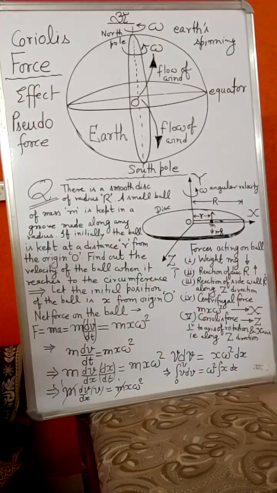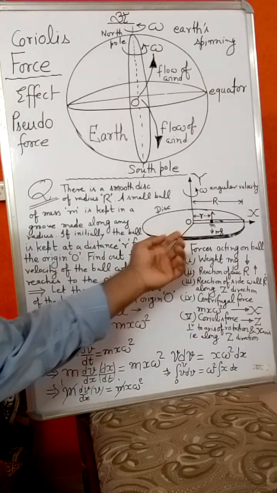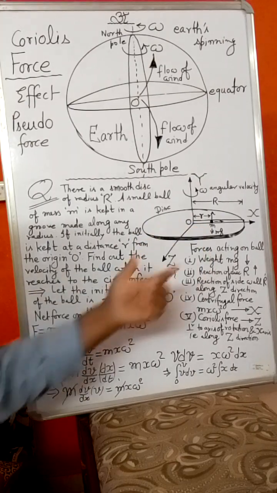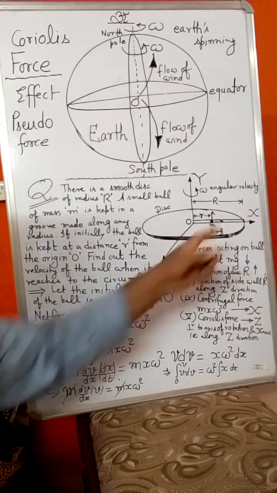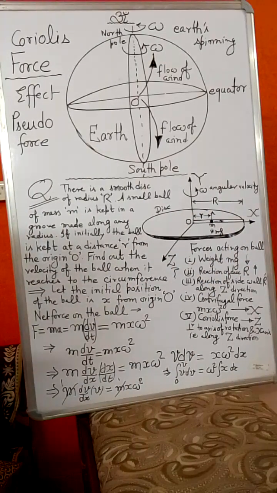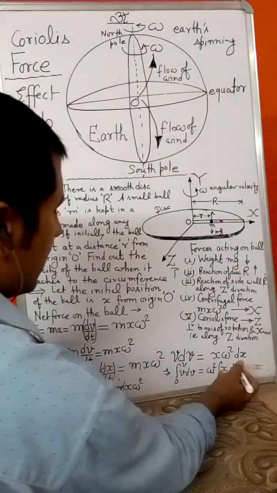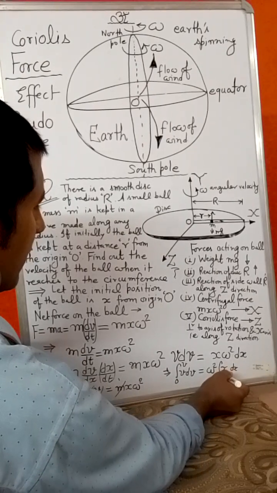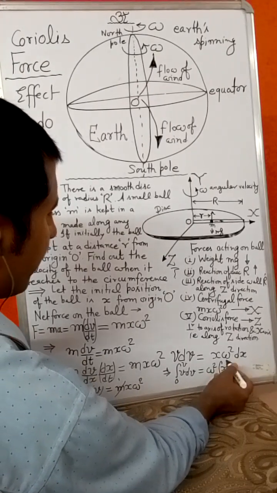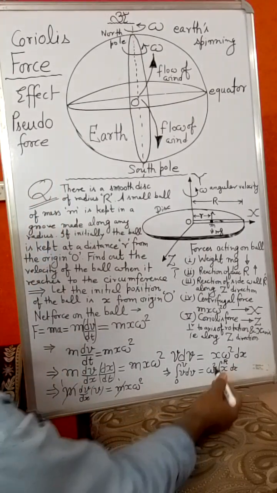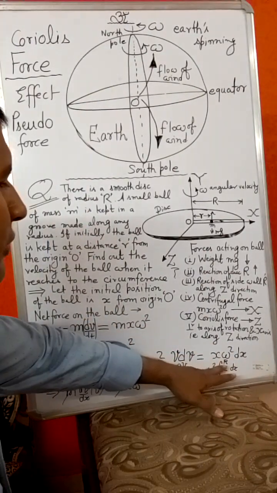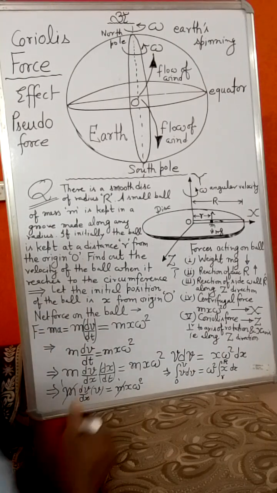It has been given in the problem that the body starts from small r and reaches the circumference. So the initial position is small r and the final position, when the ball reaches the circumference, will be capital R, correct?